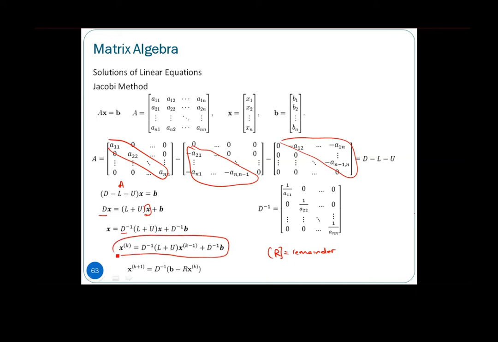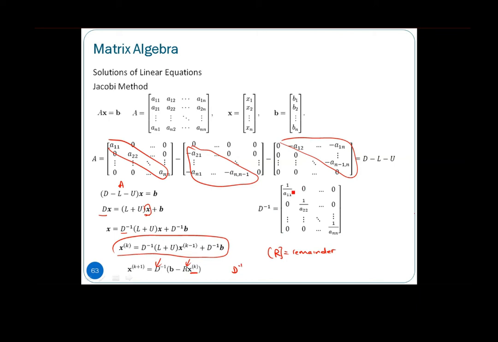At the end, to find my next iteration k plus 1, I only need the x value of my current iteration, the diagonal matrix of A, and the remainder matrix of A. So I need two things. First, the inverse of my diagonal matrix.